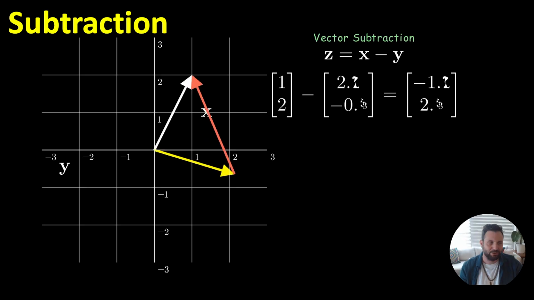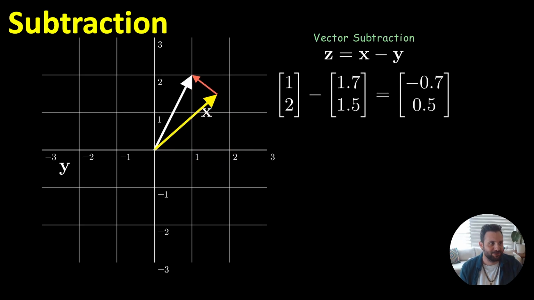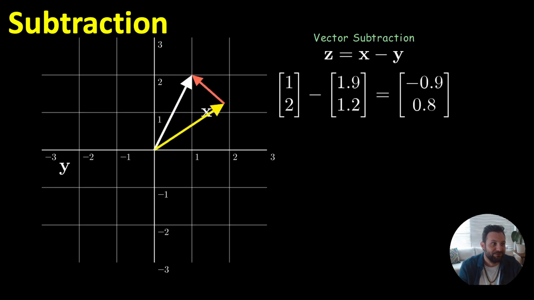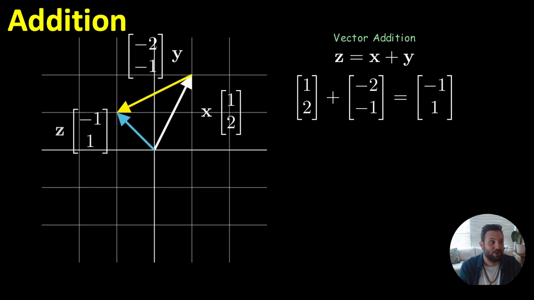The reason I'm doing this is that if I choose the yellow y vector to be the same as the x vector, I can get the subtraction to be 0. Notice that the only reason for this slide is to show you that there exists a 0 vector. It's different from the number 0. We're talking about a 0 vector here.